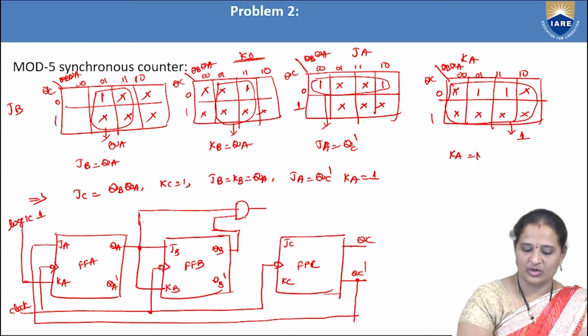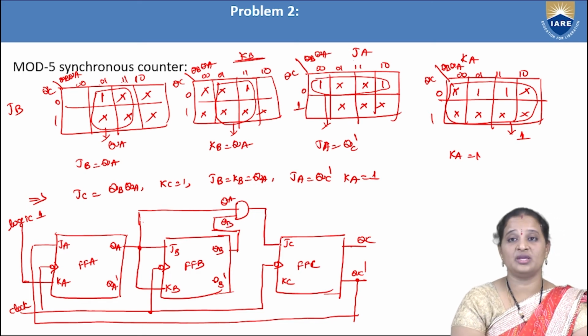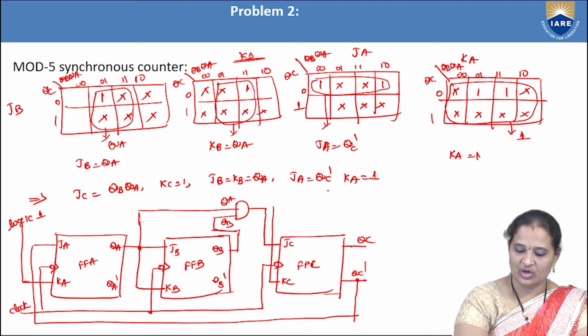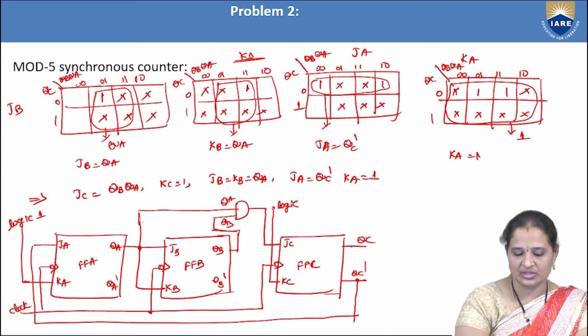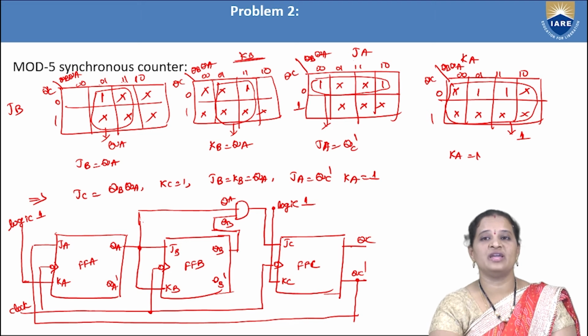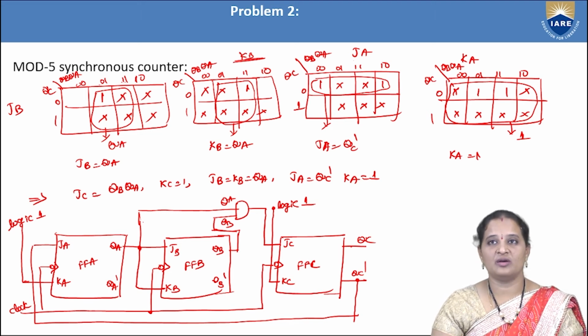So this output is applied as input to JC, and KC is given as logic 1. So this is the implementation of the mod 5 synchronous counter. Like this we can design any counter using JK and T flip-flops.